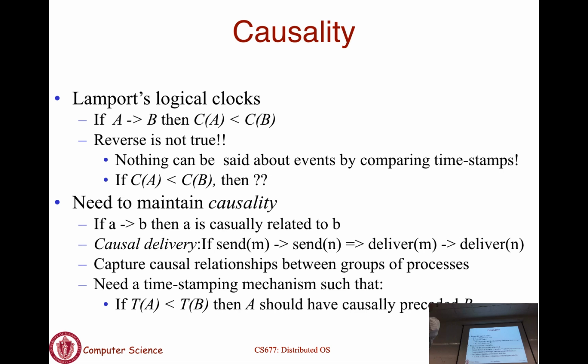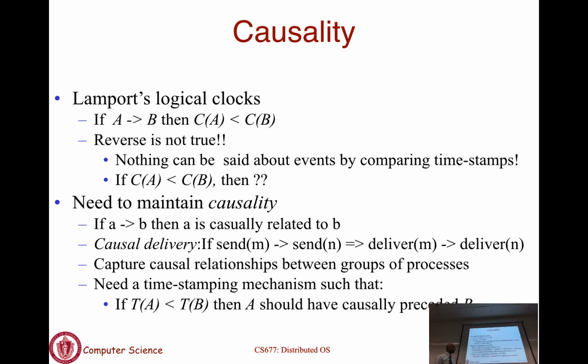If two machines are sending you messages, you cannot order messages that are coming from two independent machines. But if they are actually ordered by the send happened before relationship, then you can deliver them in that order. So you can enforce properties of that sort, which we will get to. We don't know how to do that yet, but we will actually be able to do that by implementing it.